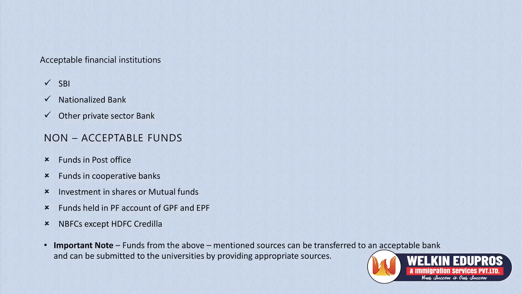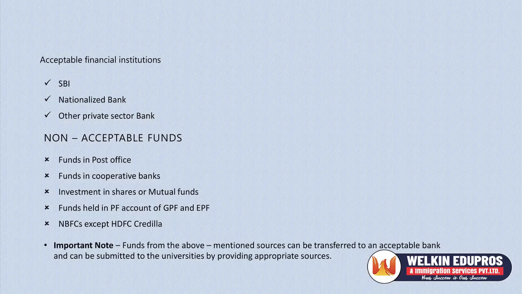Now this is also important, that many people have funds in non-acceptable forms, for example in the post office and cooperative banks. What they can do is transfer these funds from their post office or cooperative banks or mutual funds, whatever form they have, into acceptable financial institutes, which can be SBI or any nationalized bank or anyone I mentioned earlier.